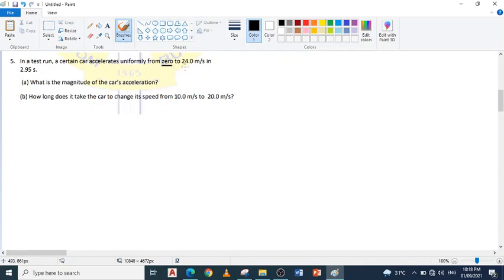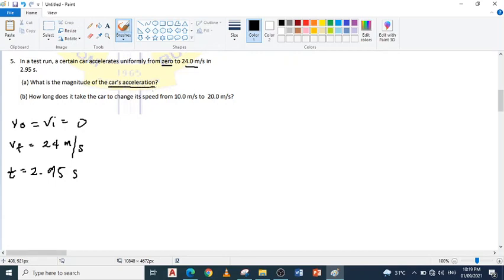Since from 0 to 24 meters per second, that means Vo or Vi is equal to 0, and our Vf is equal to 24 meters per second, and the elapsed time is 2.95 seconds. For letter A, what is the magnitude of the car's acceleration?